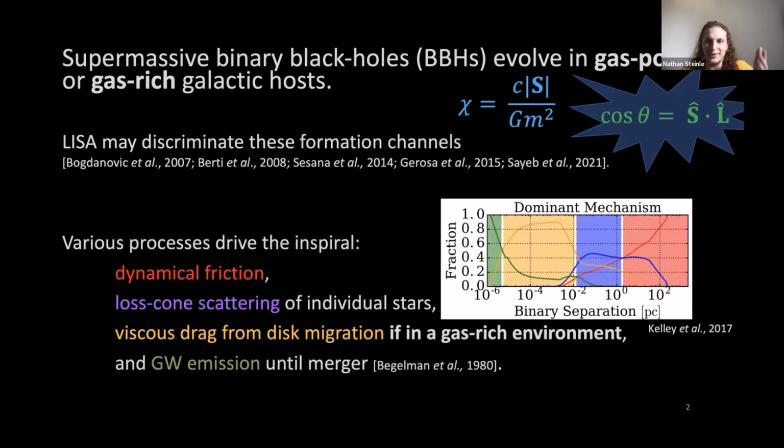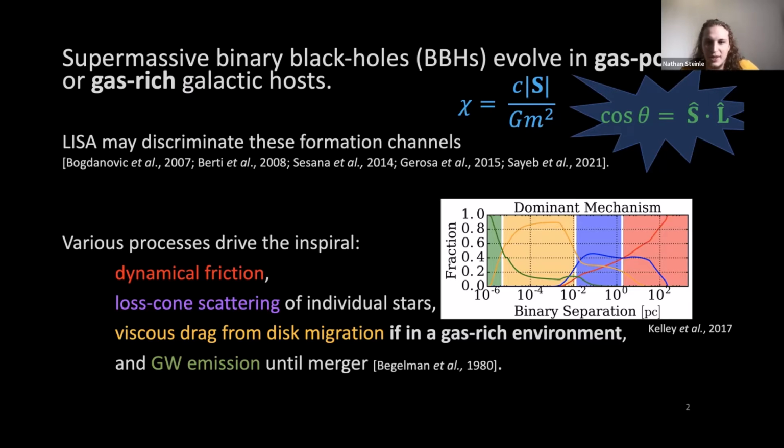And as Kelly just explained in great detail, there are many processes that are relevant for producing pairs and ultimately bound pairs of supermassive black holes.